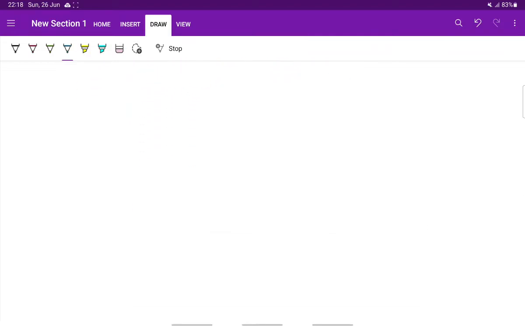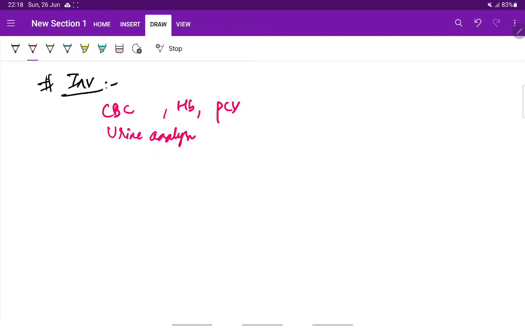Next, coming to the investigations. The investigations include complete blood count, hemoglobin, hematocrit, that is PCV, urine analysis is performed to rule out pregnancy induced hypertension.